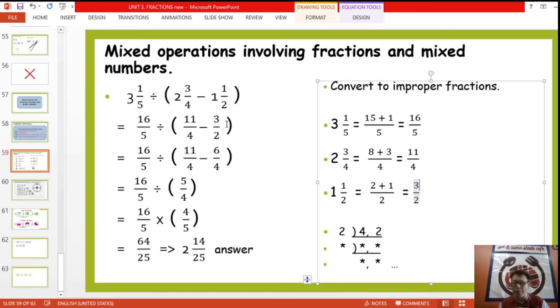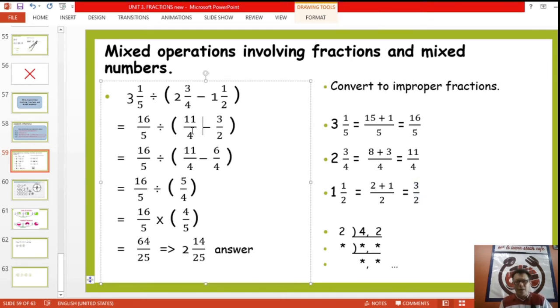Now, after we have this statement, this is the time we're going to deal with the operation. But the problem is we have different denominators. One is 4 and the other one is 2.